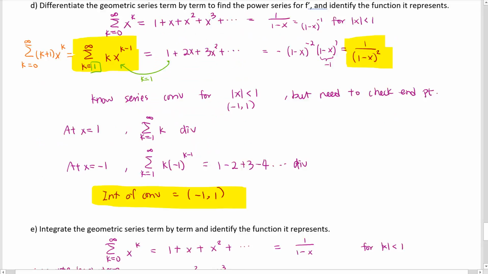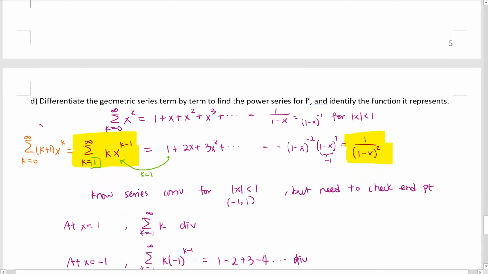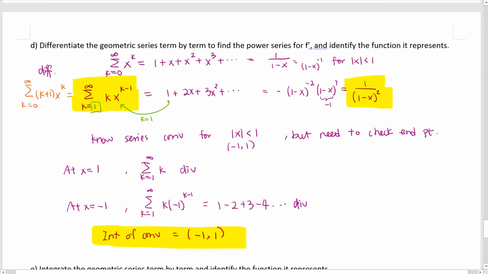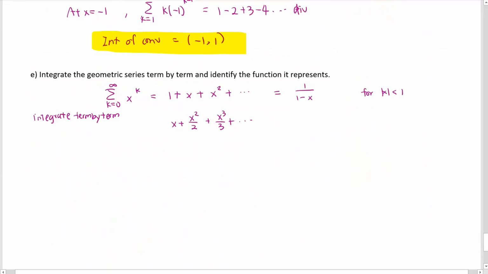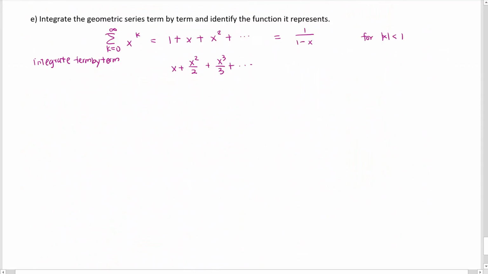In the previous example, we differentiated. I want to put it down in case some of you want to just read the notes and know what we are doing. When we integrate, we also don't know what k starts from.